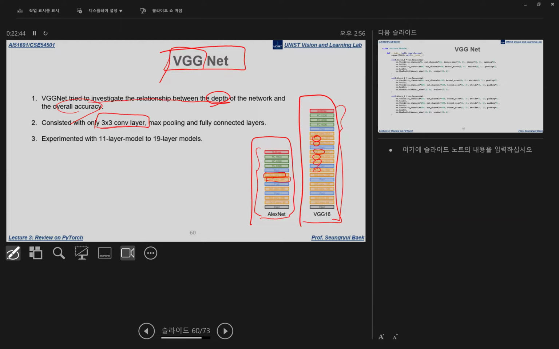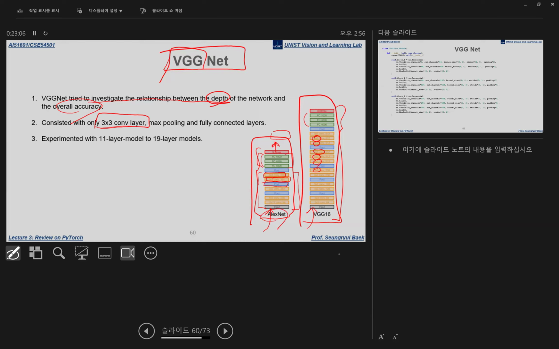Blue boxes mean the pooling layers, and green boxes mean the fully connected layers. And this is the input, and this is the final output. So here, mostly there are convolutional layers with pooling layers, and here, fully connected layers appear. And this is the last layer.